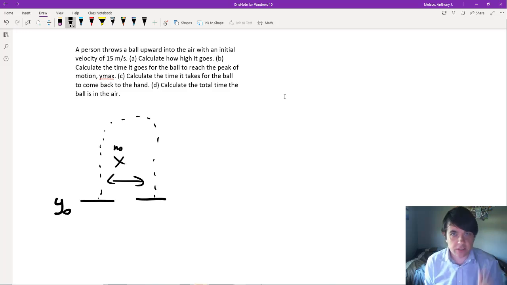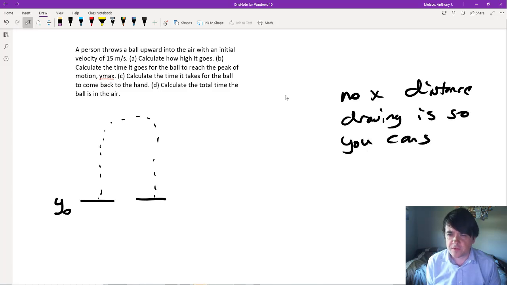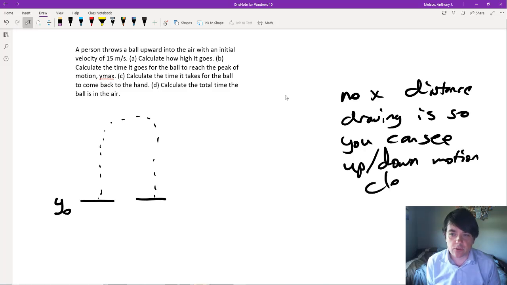It's not actually traveling left and right. I'm just drawing it this way for illustration, so you can see the up and down motion clearly.